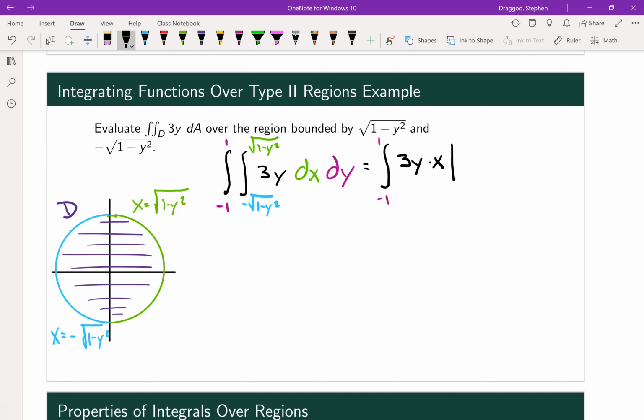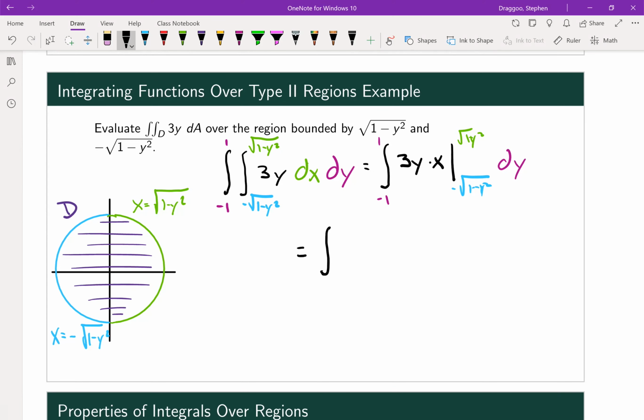And we evaluate that thing from the negative square root up to the positive square root. And then we'll go ahead and put our dy on at the end as well. So if we evaluate that integral, just plug in the positive square root, then minus the negative square root, should come out to 2 times that square root.